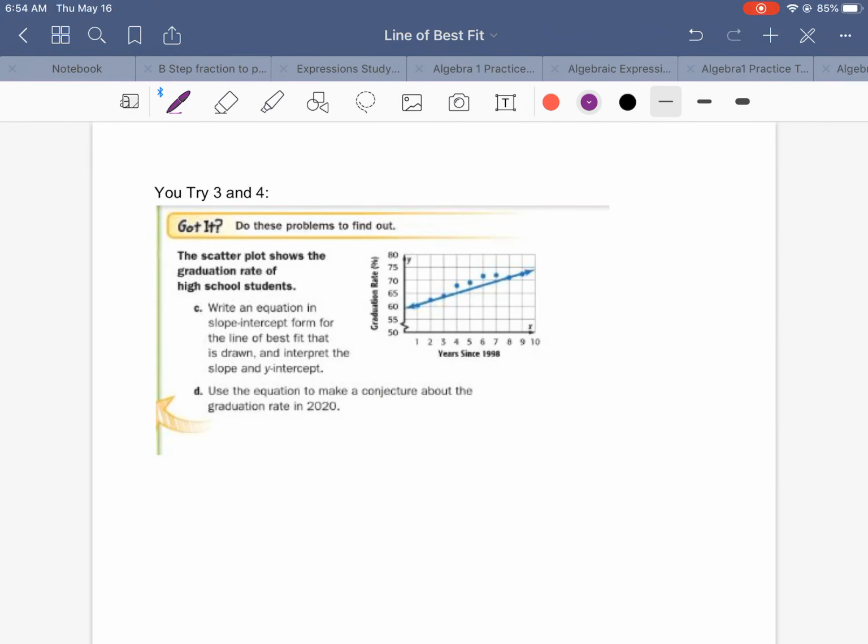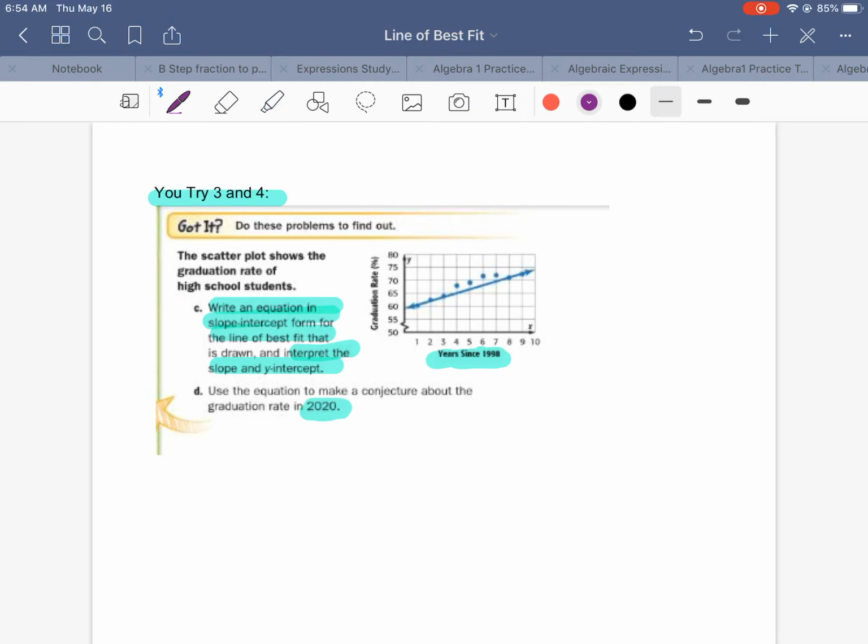Okay, let's try 3 and 4. The scatter plot shows the graduation rate of high school students, years since 1998. Write an equation in slope-intercept form for the line of best fit and interpret the slope and the y-intercept. That means say what the slope means and what the y-intercept means. Use the equation to make a conjecture about the graduation rate in 2020.